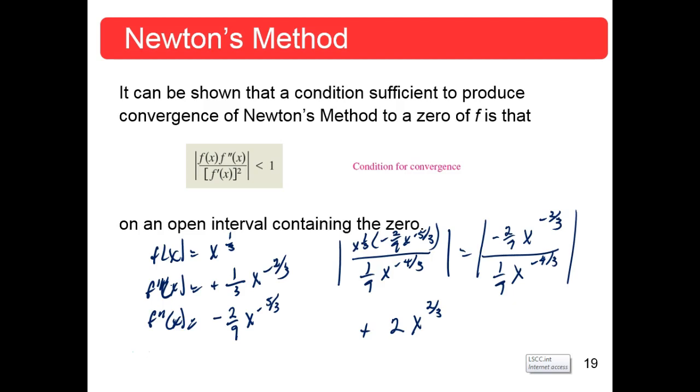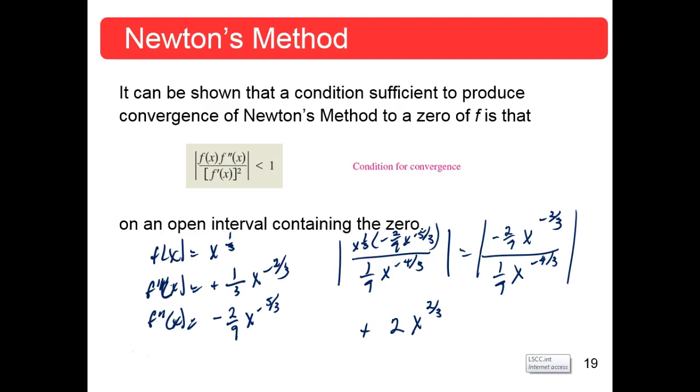But anything else, I think you're going to come up with something greater than 1. So it doesn't work. Let's see if I did it right. And actually, they say we should get the same answer. I'm not sure I did.